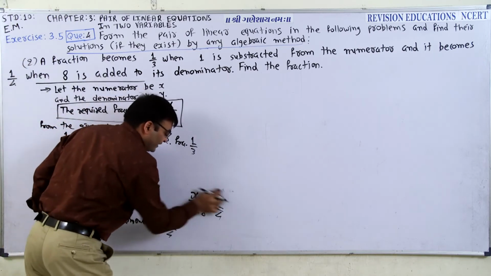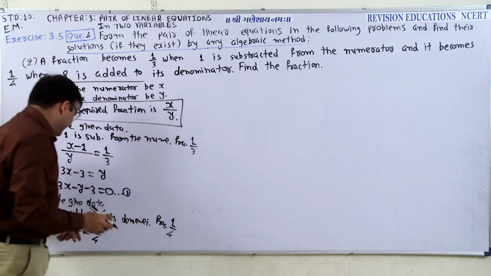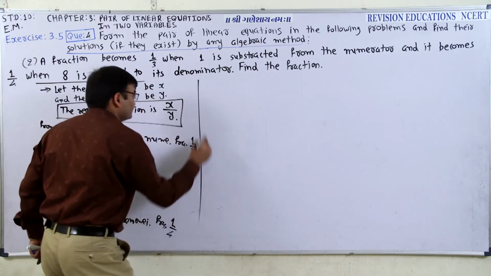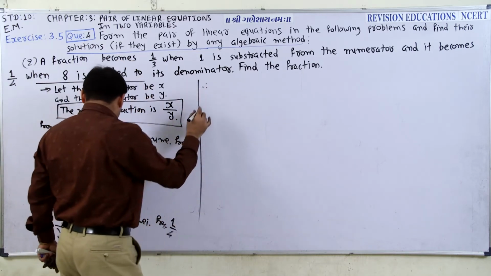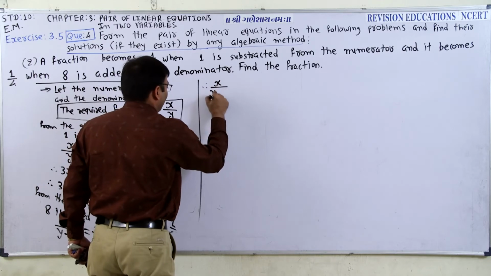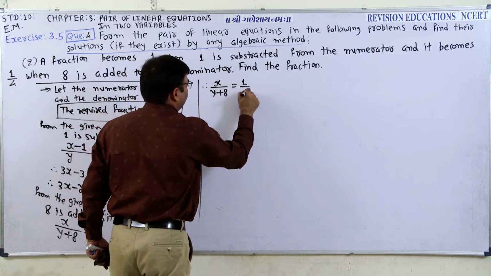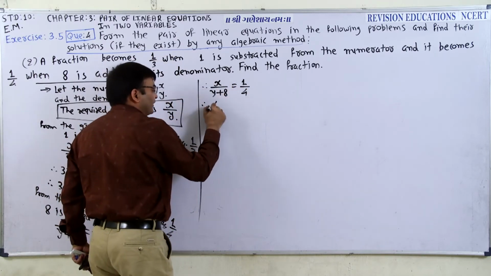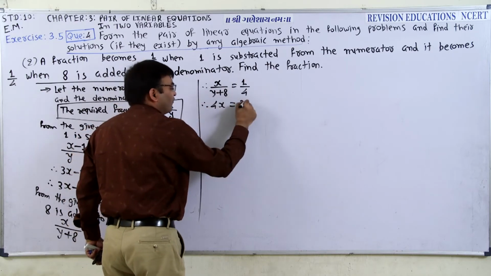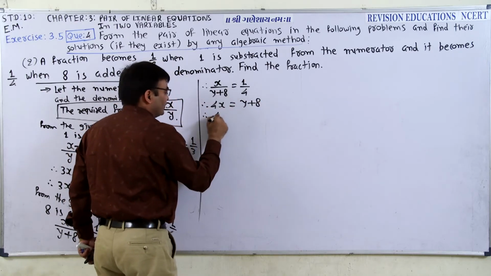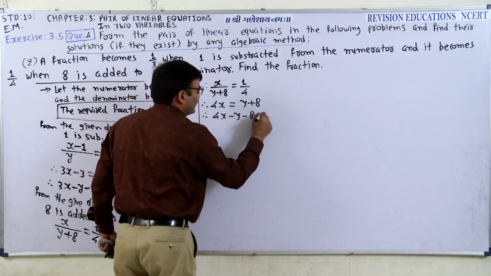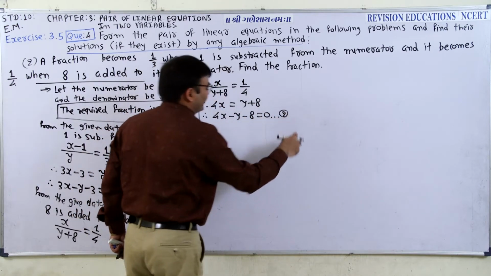Okay, friends, here we got the second equation. X upon y plus 8 is equal to 1 by 4. 4 into x, for x, here y plus 8. So 4x minus y minus 8 is equal to 0. This is the second equation.